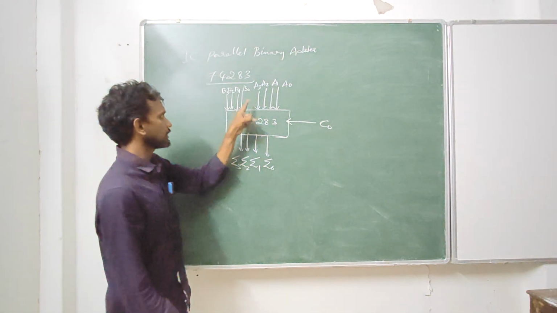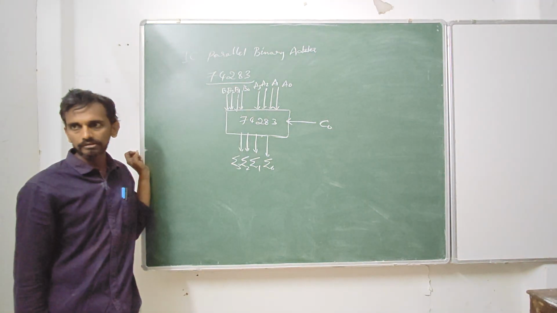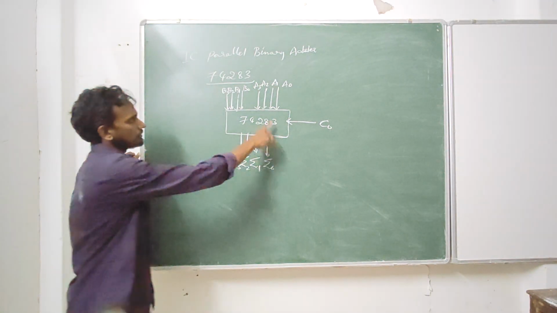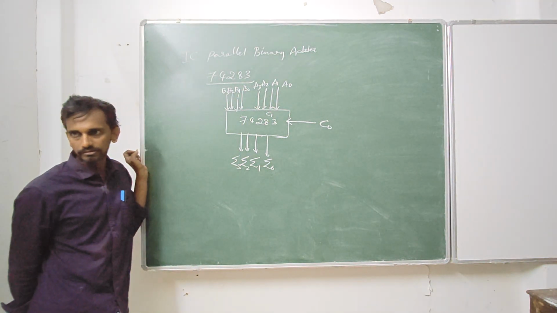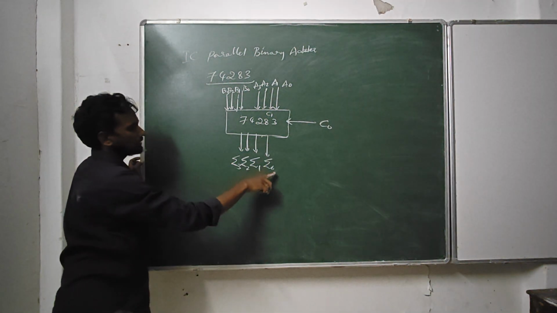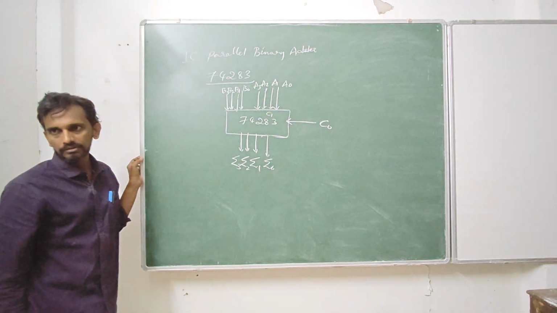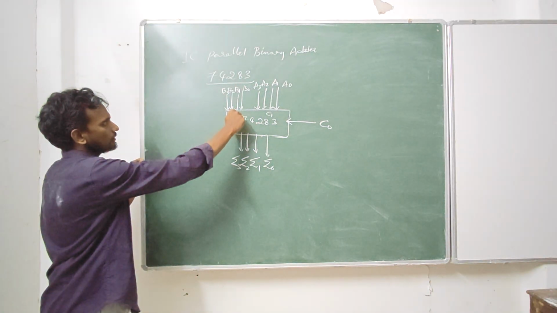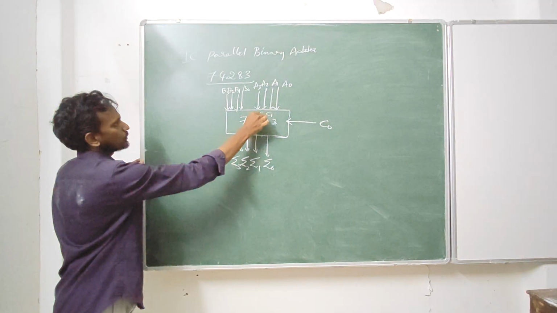Carry 1 will go to the next level, so it will be added to A1 and B1. So here C1 is generated. After adding A0 and B0 with C0, we get sum 0 and carry 1. So carry 1 will be added to A1 and B1, we get sum 1 and carry 2.